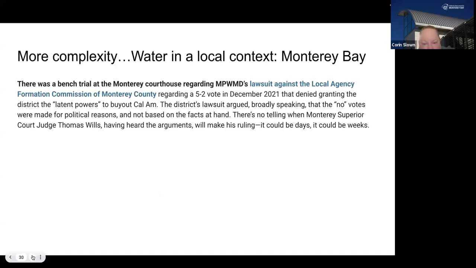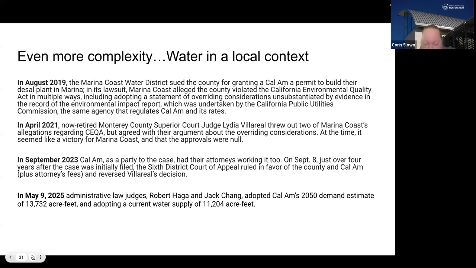There are bench trials, which are lawsuits where they say, look, you can't buy or use this. Some of those have political arguments behind them. Some of them are fact based, but interestingly enough, the Monterey Superior Court hears these arguments and then makes a ruling.